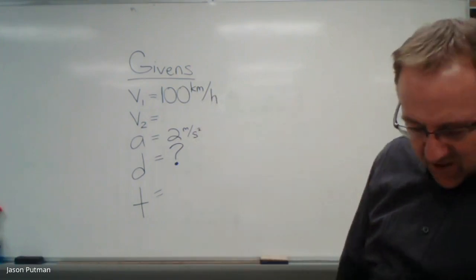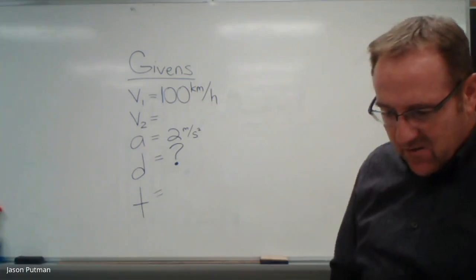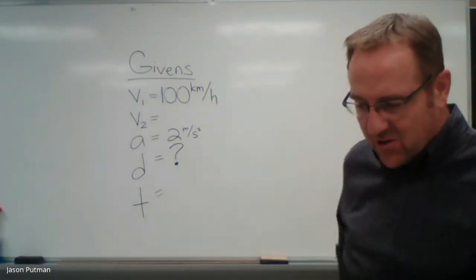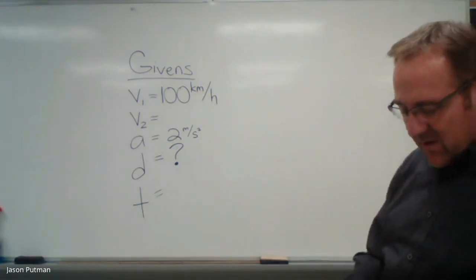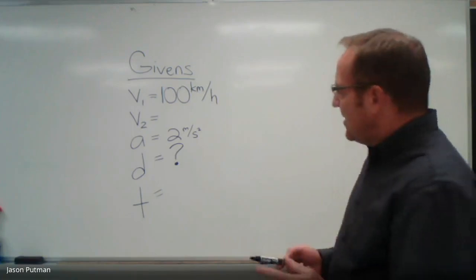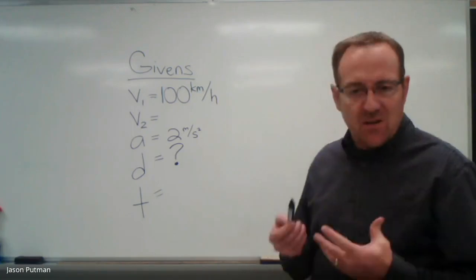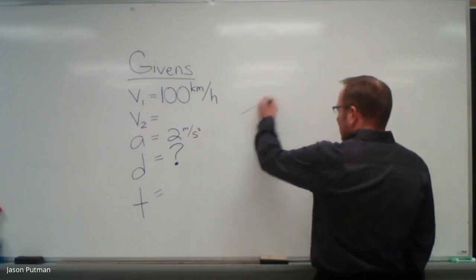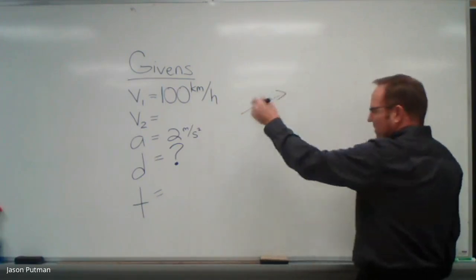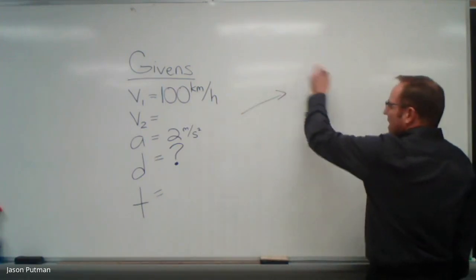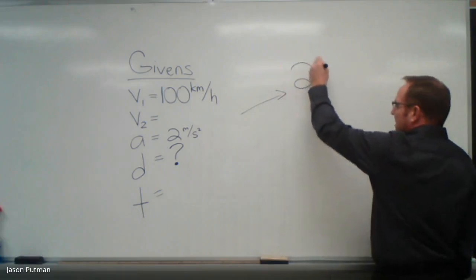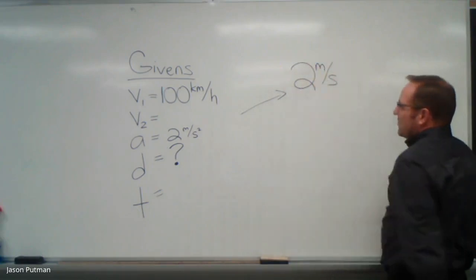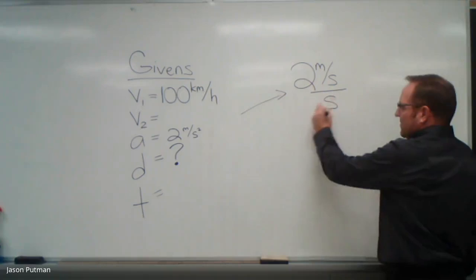The definition of acceleration is, it's telling you how fast your speed is going to change every second. So think about it. It's not a speed. It's like, how much faster are you going to get every second? So the units on acceleration, you'll have some kind of speed, like say 2 meters a second, but that's per second.